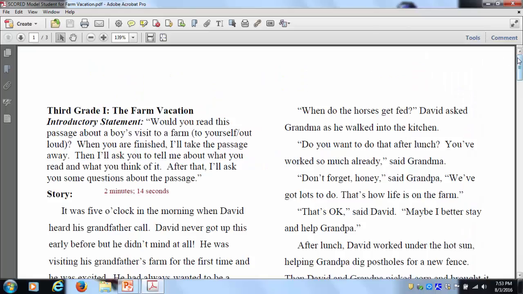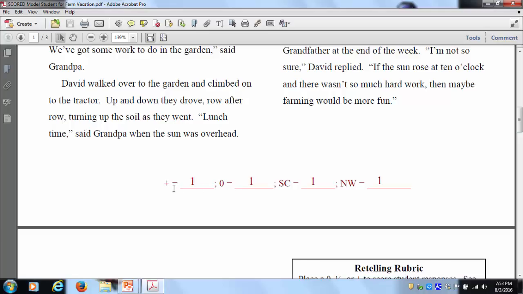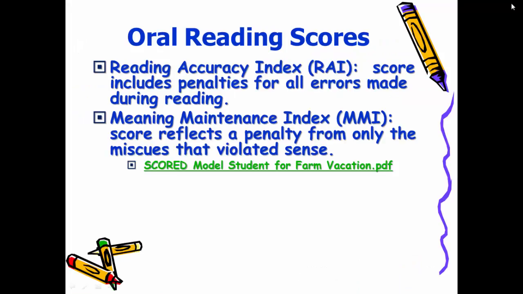Remember we looked at this? Right at the bottom of this, you see this? You record how many pluses, how many zeros, how many self-corrections, and how many non-words. And once you input that into the ASII, you will be given the RAI and the MMI, automatically calculated.